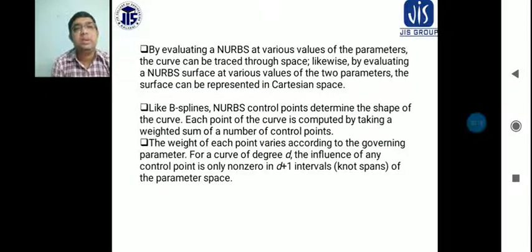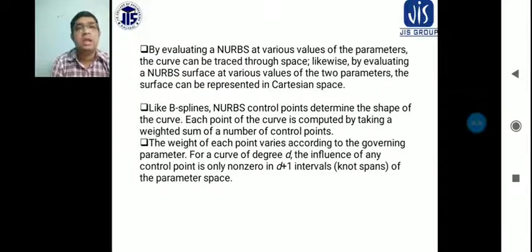Likewise, by evaluating a NURBS surface at various values of the two parameters, the surface can be represented in Cartesian space.